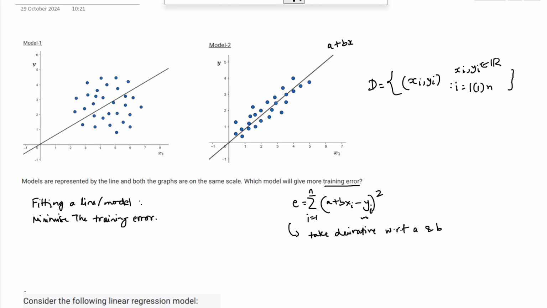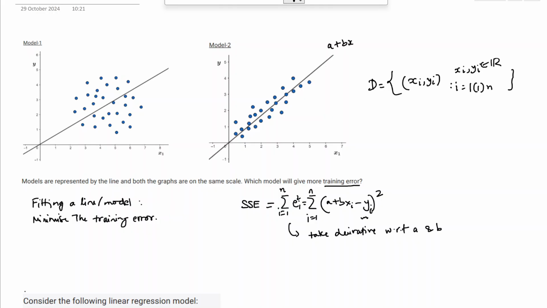So we want to minimize the summation of the error squares. Let me call this term SSE, sum of squared errors. So this is what happens in the linear regression model.